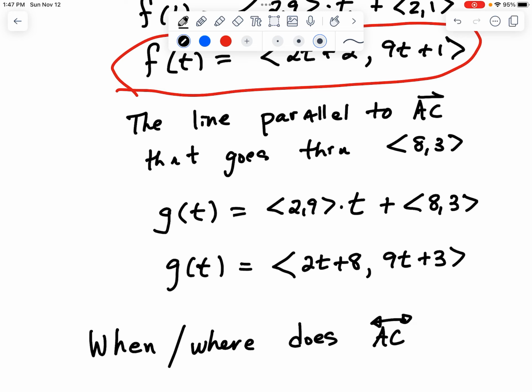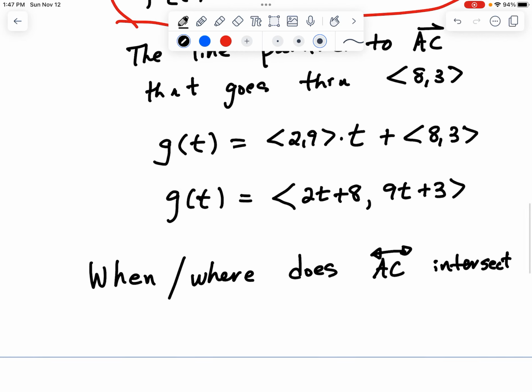So when does AC intersect? Oops, I spelled intersect wrong. I'm trying to hurry up and get to the math instead of the spelling. When does AC intersect the line y equals negative 2x plus 8?